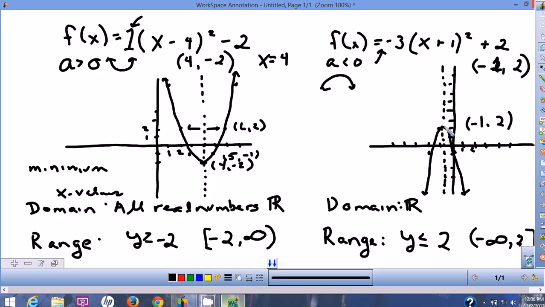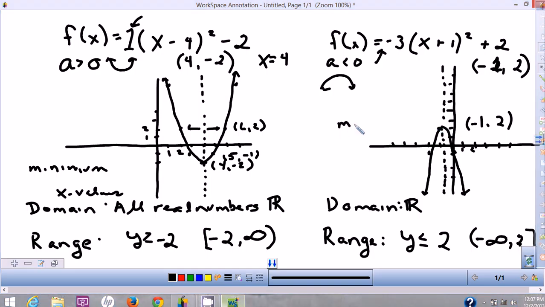Remember, we're talking here about a maximum value, and the maximum value here is 2. We're talking about the y value when we talk about minimums and maximums. Over here, we're talking about a minimum value because we have the bottom of this parabola and it goes up from there, and my minimum value here is -2.